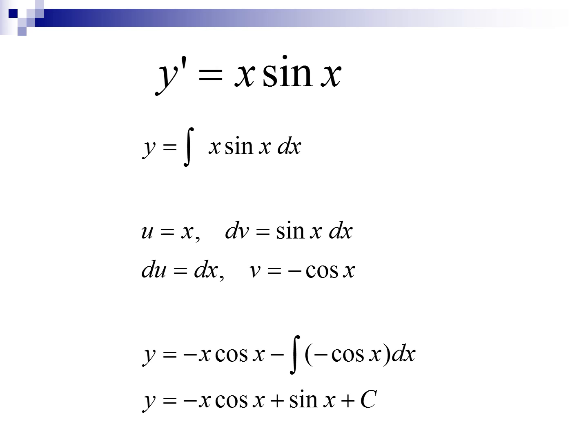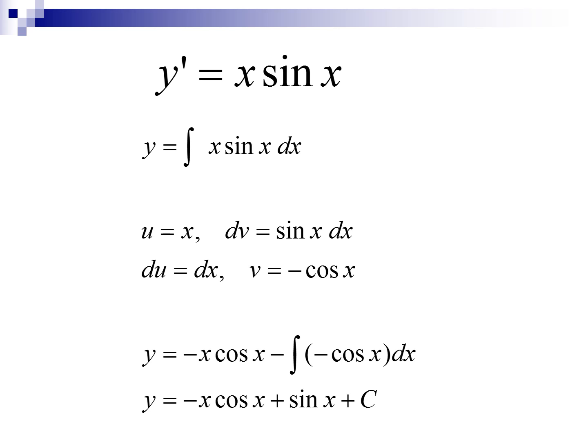To set up our integration by parts, we do u is equal to x, dv is sine of x dx, then du is dx. V, how do we get v? We integrate sine of x, so that's going to be minus cosine of x.